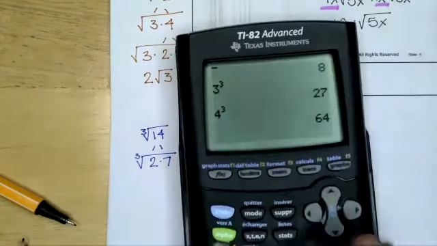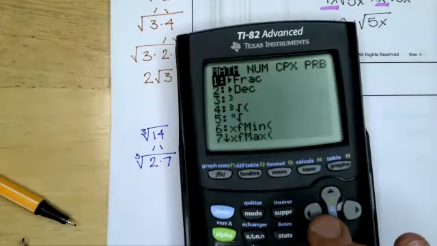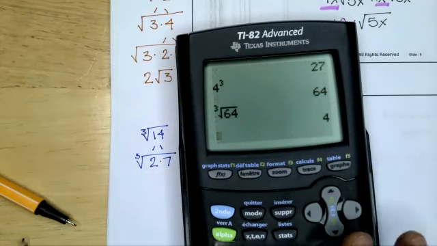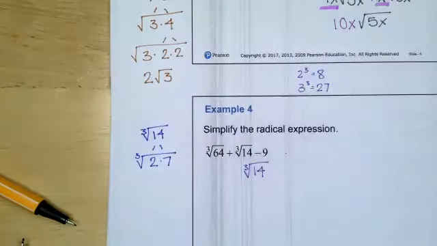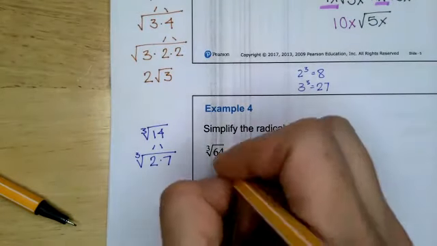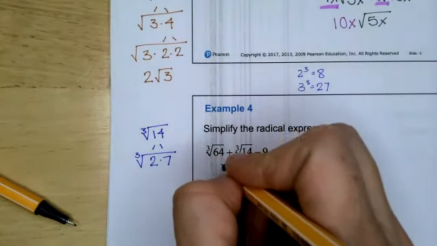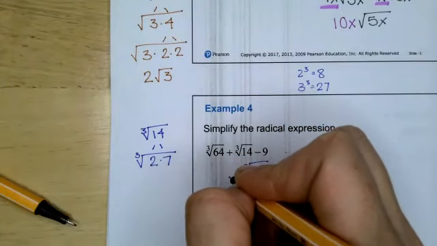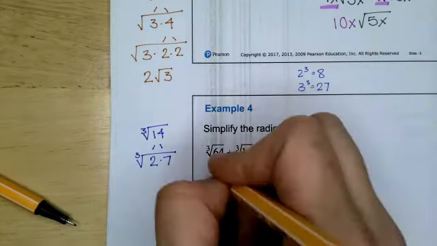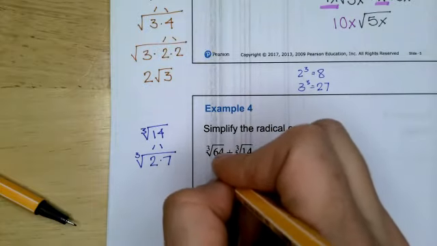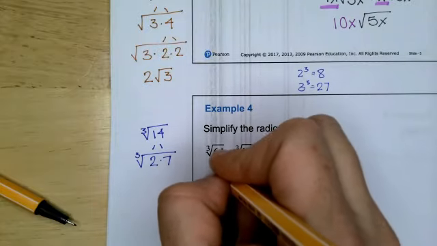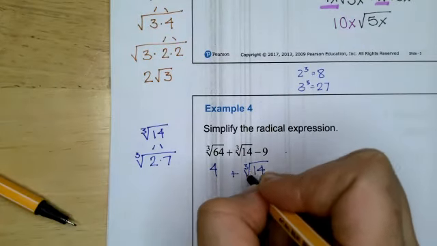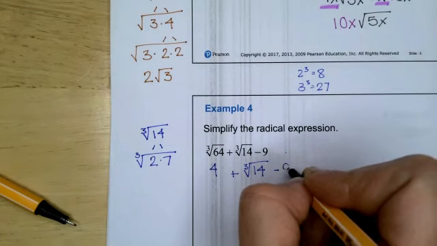So the third root of 64 is 4. Good. Or you can do the factor tree, right? And you can say 64 is 8 times 8. 8 is 2 times 2 times 2, right? But we know that the cube root of 64 is just the number 4. So we have 4 plus the cube root of 14 minus 9.